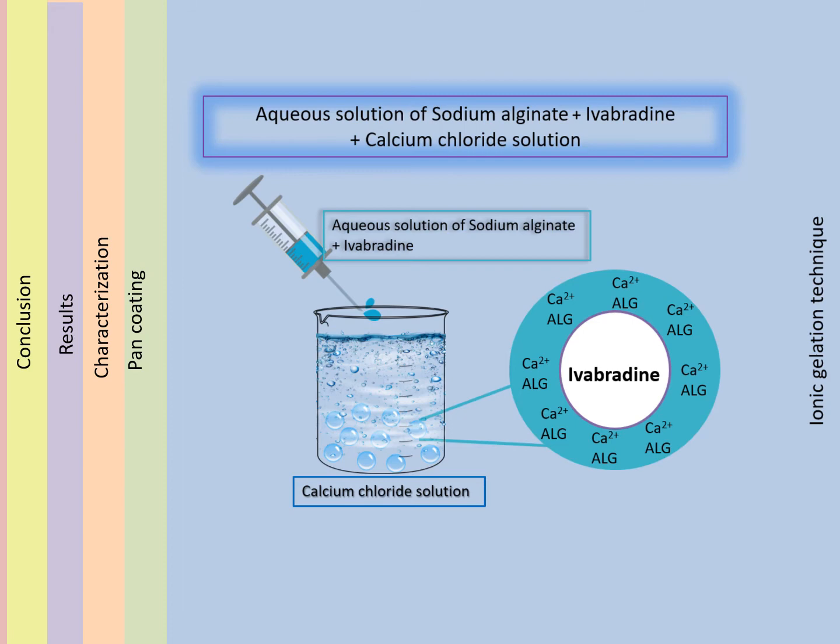Similarly, in the emulsification ionic gelation technique, it is transferred into an oily solution followed by stirring, then calcium chloride solution is added. Here also spherical globules may be observed, however entrapment efficiency is going to be poor. So in order to overcome that, we prepared a new process by pan coating technology to improve the entrapment efficiency.